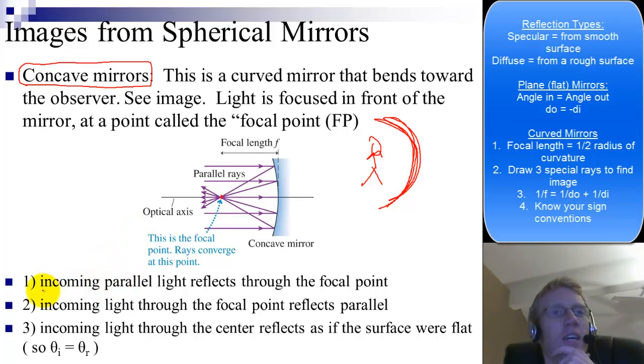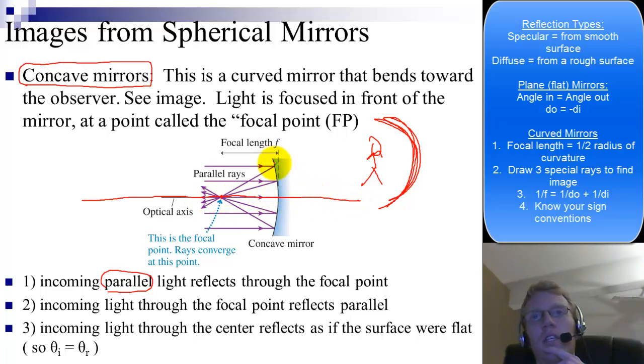The first one is this: any incoming parallel light, and when I say parallel, I mean parallel to this optical axis. The optical axis goes through the center of this mirror. So parallel rays coming in reflect backward out through the focal point.